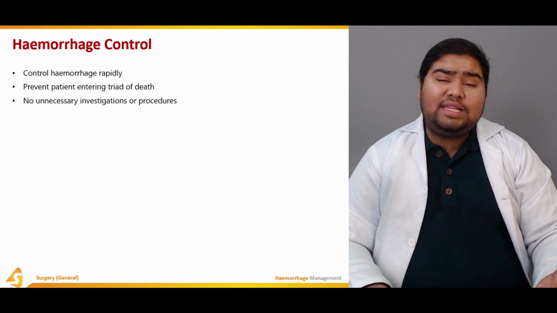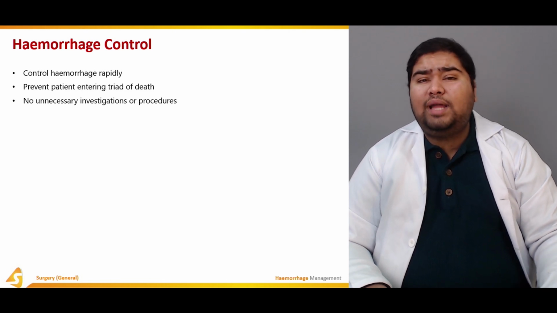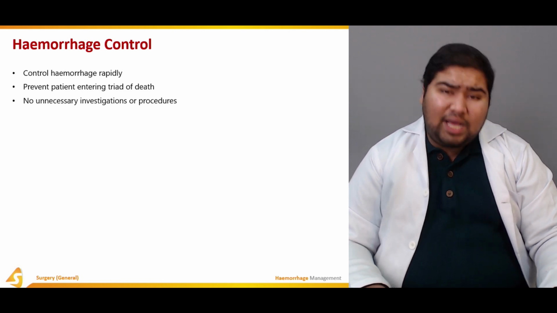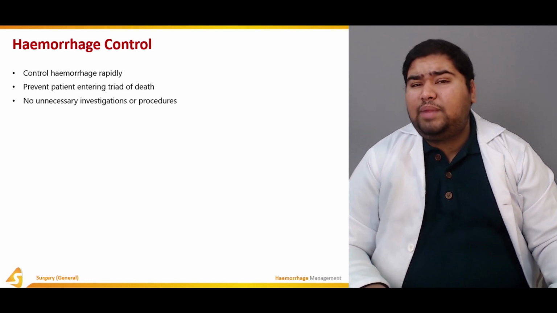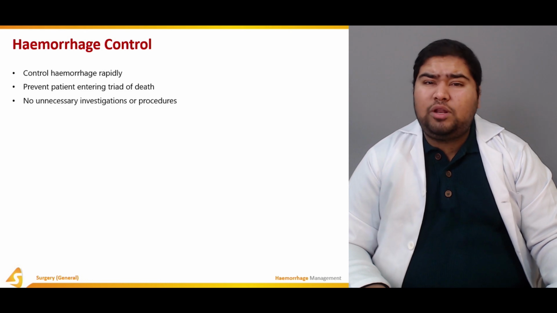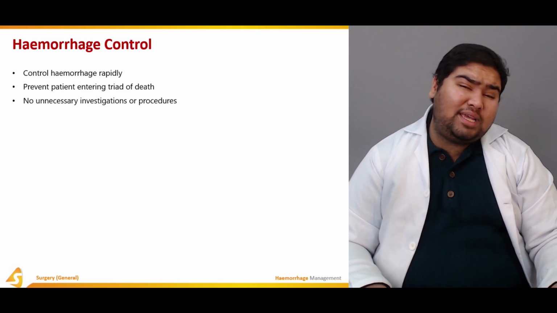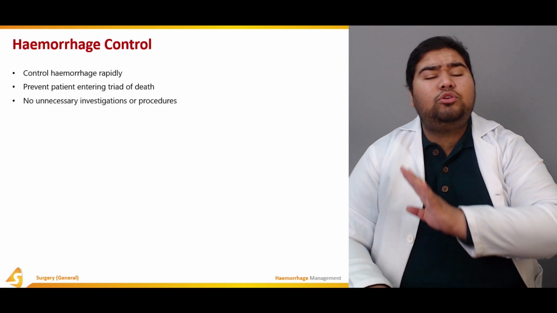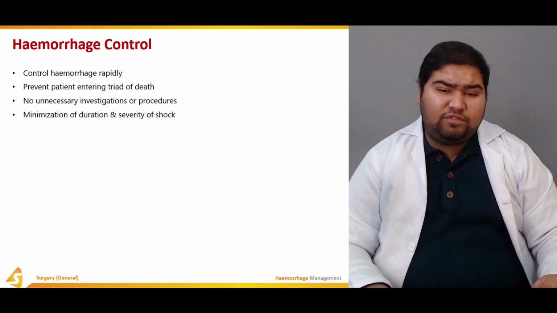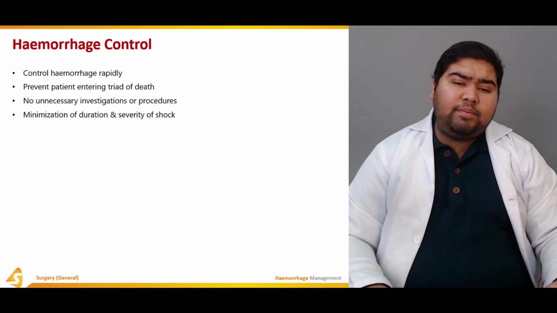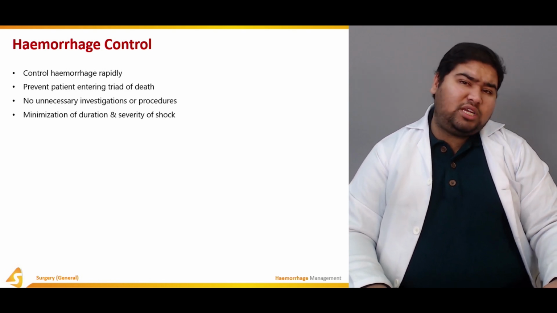You should always limit your investigation. No unnecessary investigation should be done unless your hemorrhage has been settled. So you take the blood sample, you type and cross match it. You should do the basic labs, but you do not go for extensive lab work because you have to manage your patient first. So there should be minimization of the duration and severity of shock.